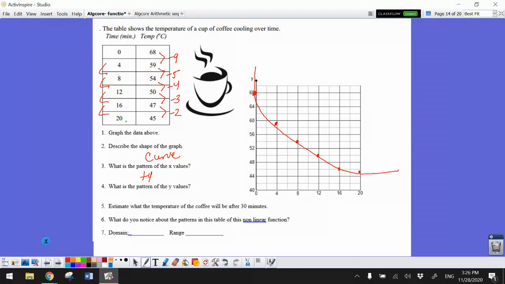It kind of has a pattern. It's going 5, 4, 3, 2. So I can probably assume that I can fill in the next value. So this would be 24. And if the next step would be a minus 1, so this would be a 44. And then 28 would take me to a 43.